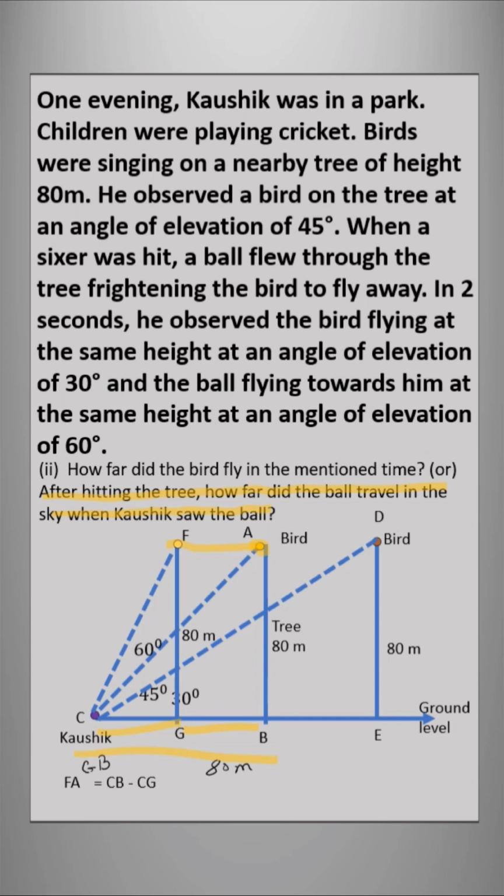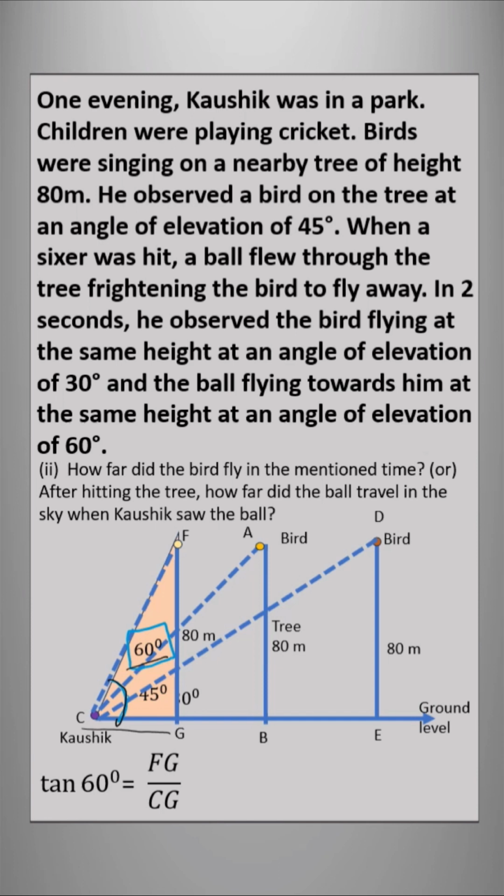For that we have to involve the triangle CGF. In order to find the CG, we have to involve the triangle FCG. Here angle C is 60 degrees. So tan 60 is equal to opposite side FG by adjacent side CG.